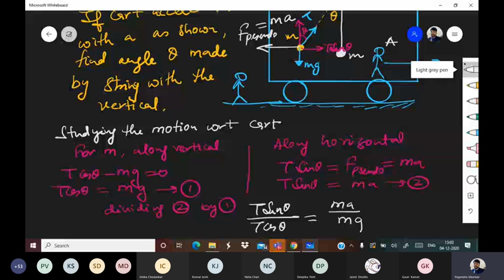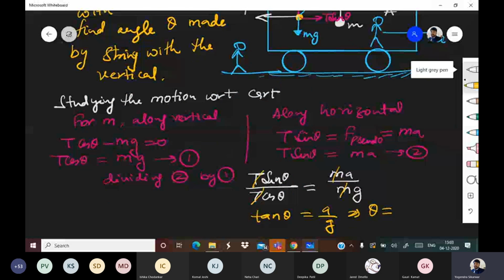So tan theta is equal to a by g. So theta is equal to tan inverse a by g. Okay, so the answer is tan inverse a by g.